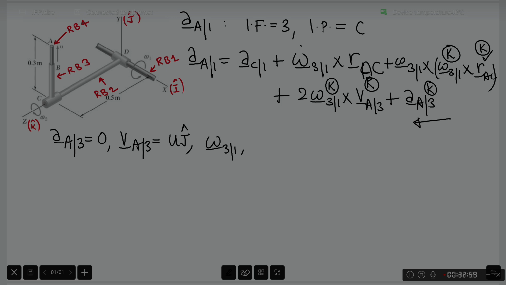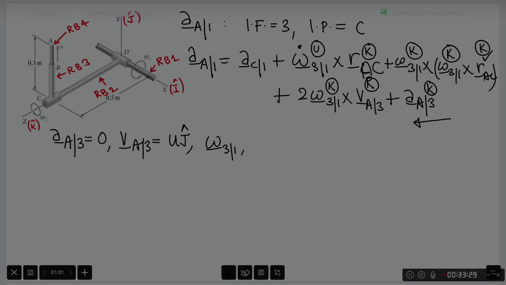Omega 31, repeated incidence of the same quantity, RAC known. Now we get stuck at omega dot 31. Is omega dot 31 known or unknown? If you go to the very first slide of the lecture, you would not see any information about omega dot 31, angular acceleration of 3 with respect to 1.